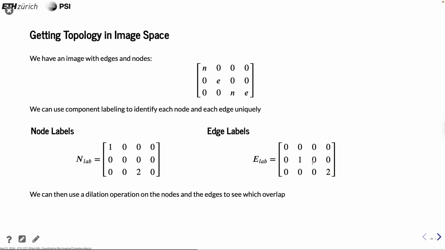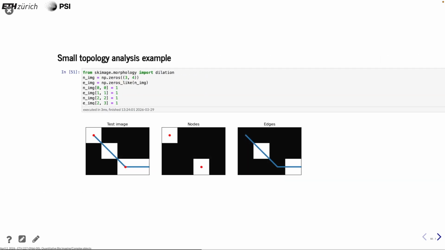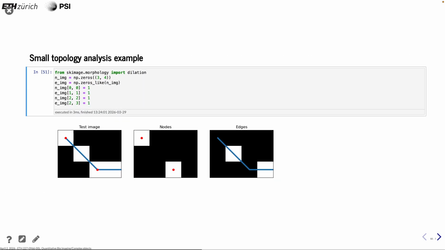And now we want to know how the different edges are connected with the nodes. If we apply a dilation operation on the edges, we will see an overlap, which is useful for us. And what we want is this connection, and here we have the nodes, and this is the line that we want to make a connection.